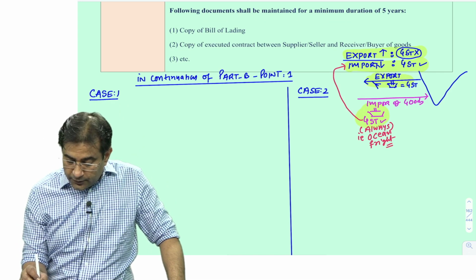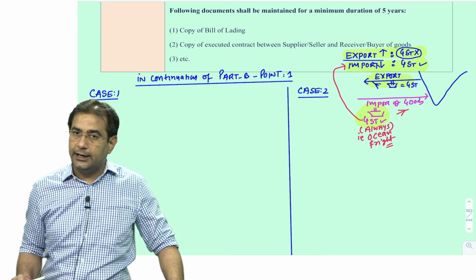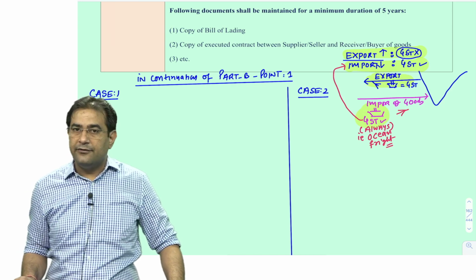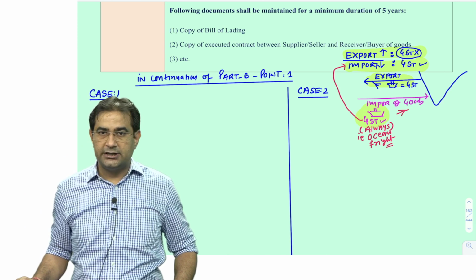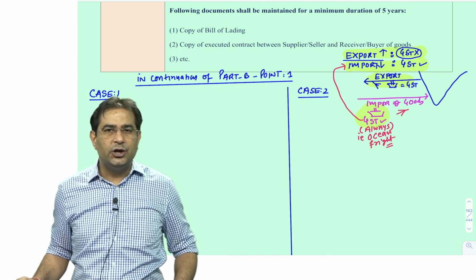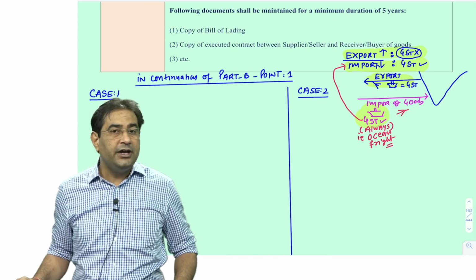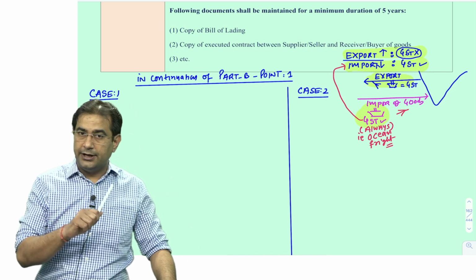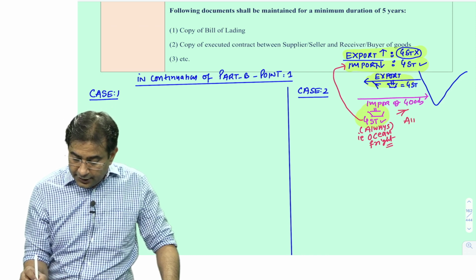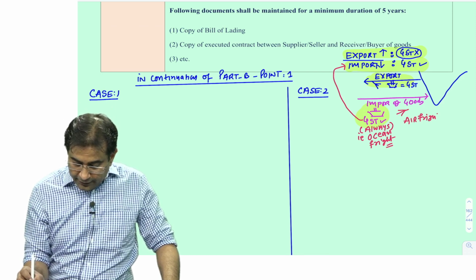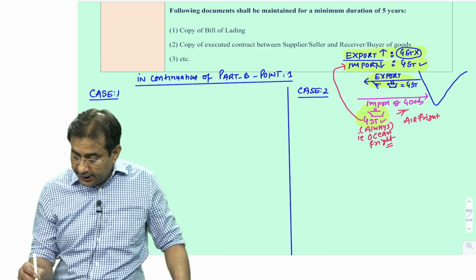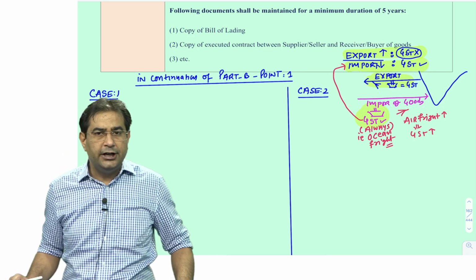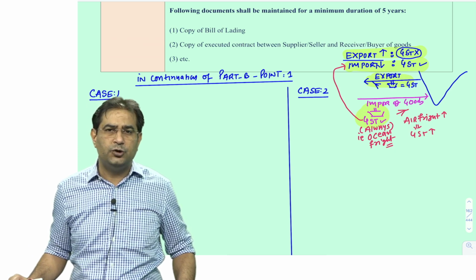But when we talk about import of goods by air, one of the famous Hindi quotes is: do not be so bitter that people leave you, and do not be so sweet that people dissolve you and drink you. The cost of transportation by air, that is air freight, in itself is so high that if we impose GST on it, then the cost price of the imported goods becomes too high, my dear.